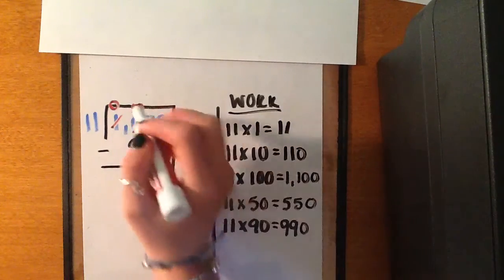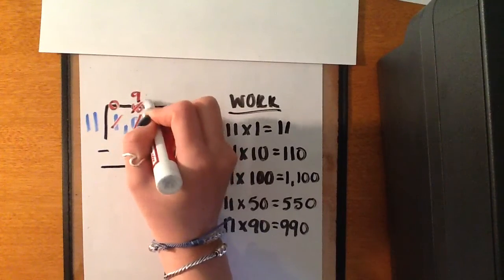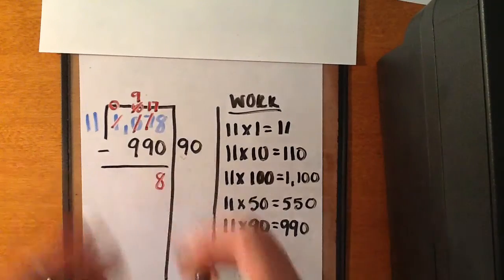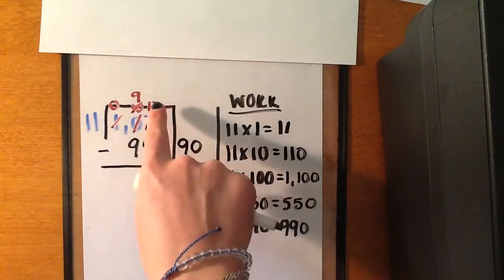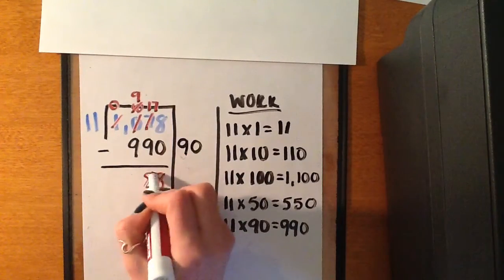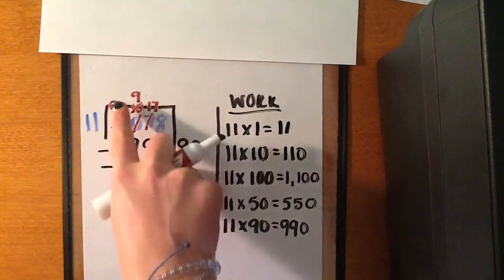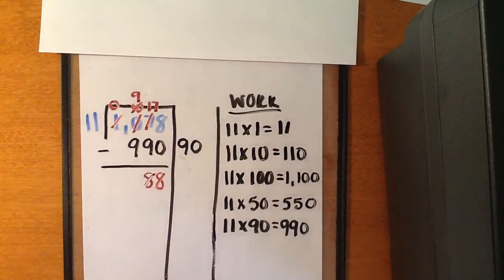So I'm going to be making this 10 a 9, and then this 7 will be a 17, because I'm taking 10 from my neighbor. So let's see, 17 minus 9, that's 8. 9 minus 9 is 0, and 0 minus 0 is 0. I don't have to write those zeros there.